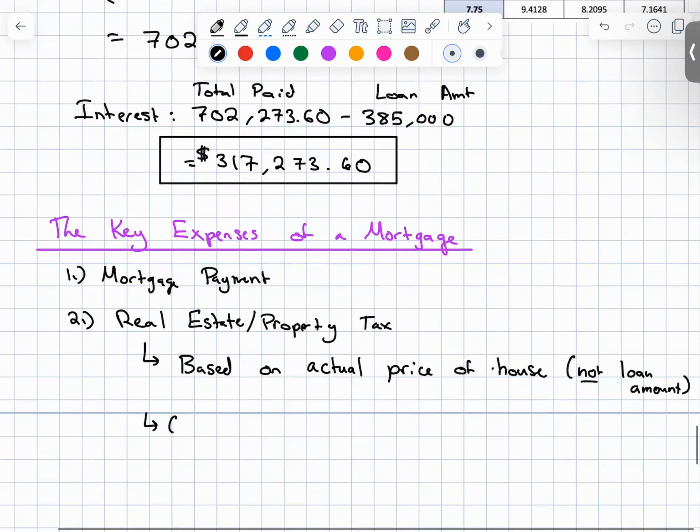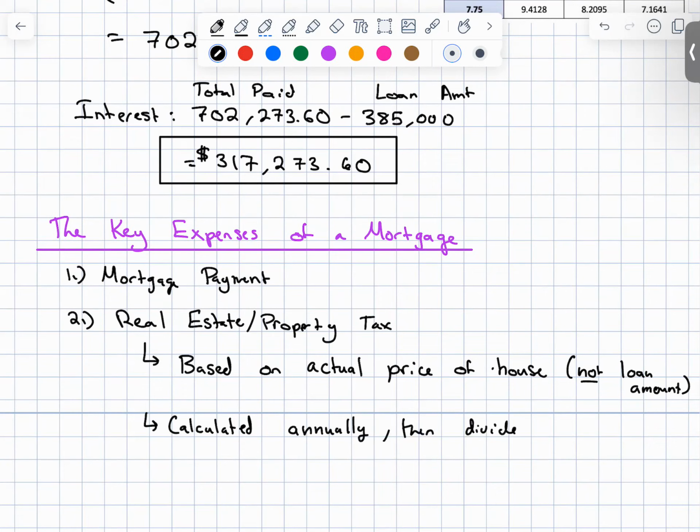And it is calculated annually, then divided by 12 for the monthly payment.